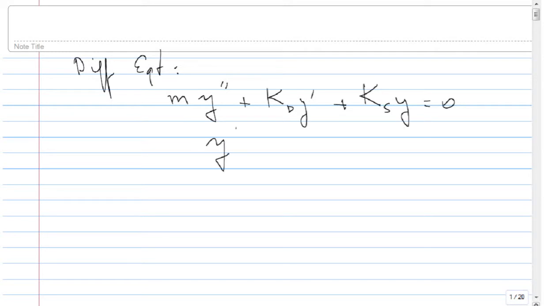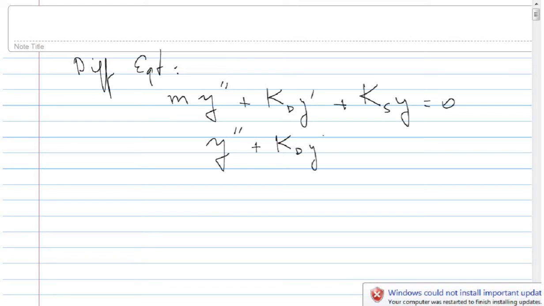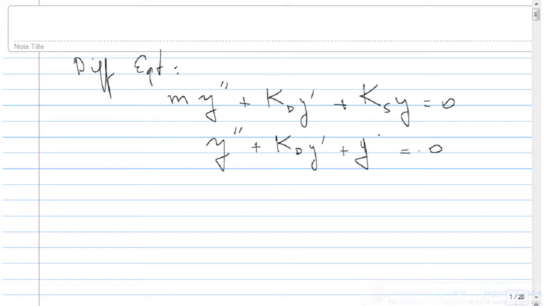Therefore, the equation becomes y double prime plus kd y prime plus y equal 0. So this is a second order differential equation with constant coefficients. The characteristic equation associated to this differential equation is lambda squared plus kd lambda plus 1 equal 0.